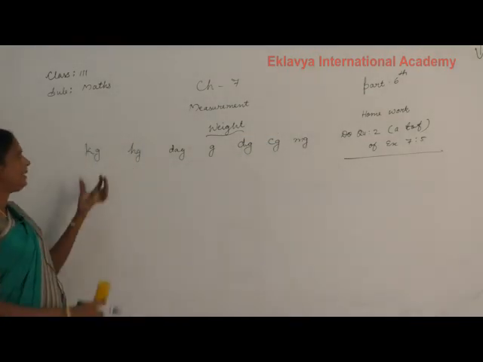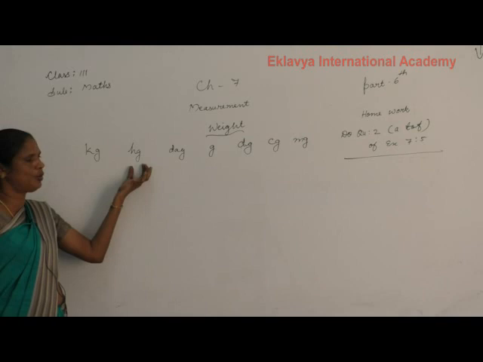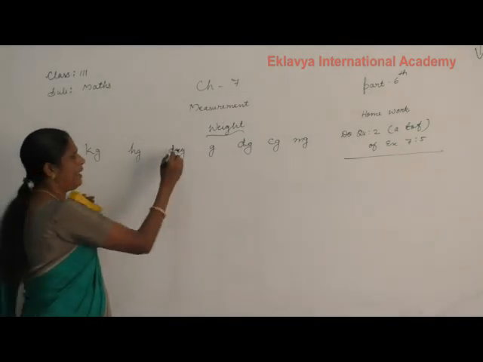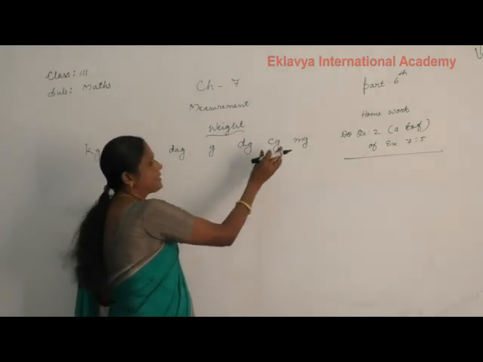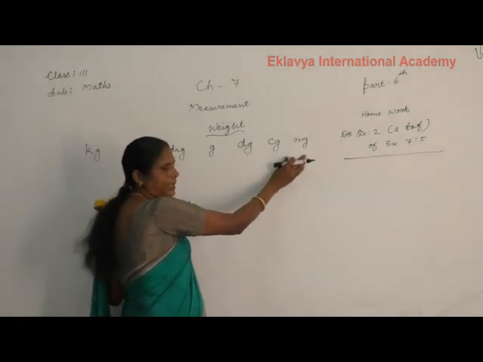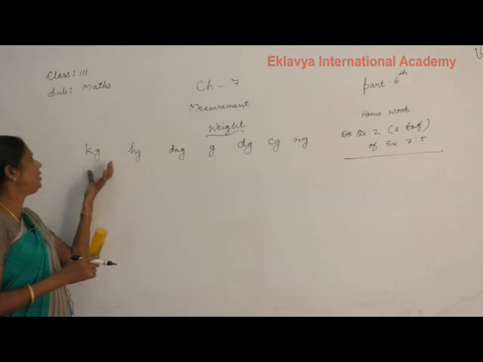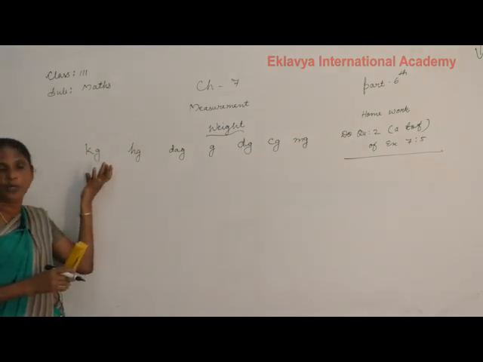Again: kilogram, hectogram, decagram, gram, decigram, centigram, milligram. The biggest unit is kilogram.